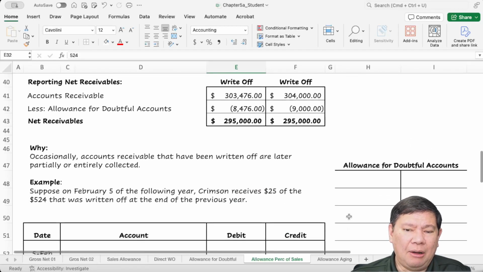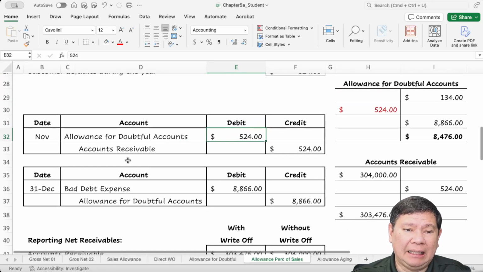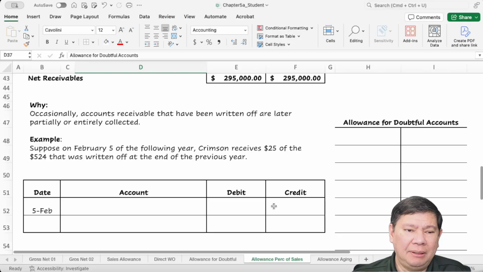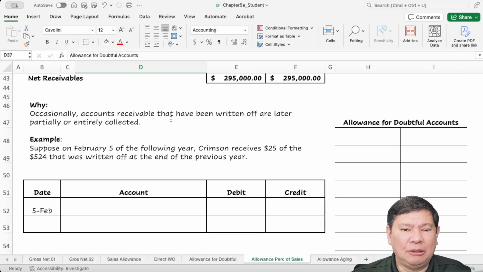Okay, now that's the journal entry. First, we debit bad debt expense, and then we credit the allowance. Now, what happens if occasionally accounts receivable that have been written off are later partially or entirely collected? Suppose on February 5th, Crimson received $25 of the $524 that was written off.